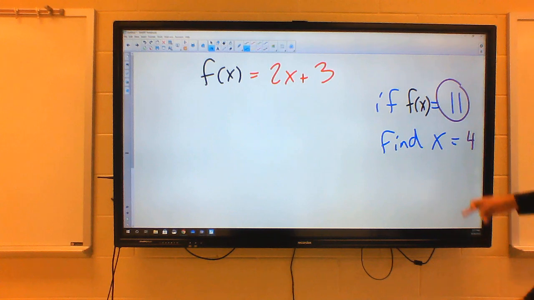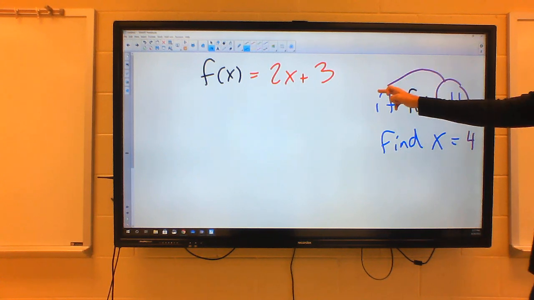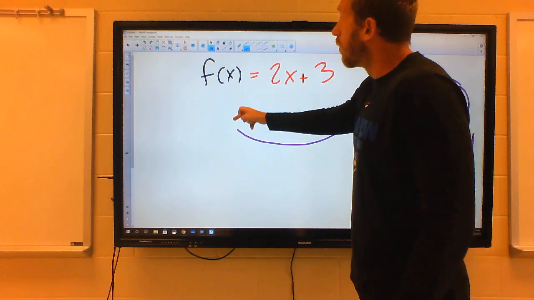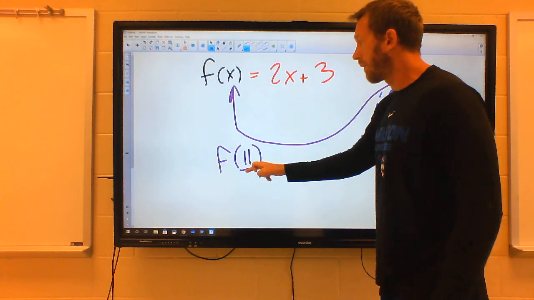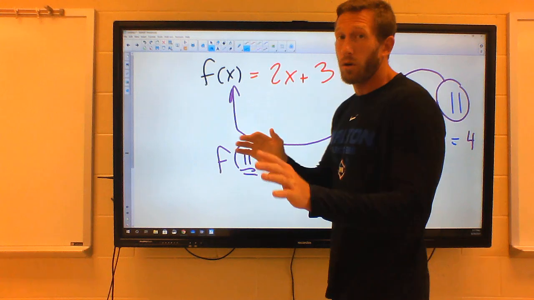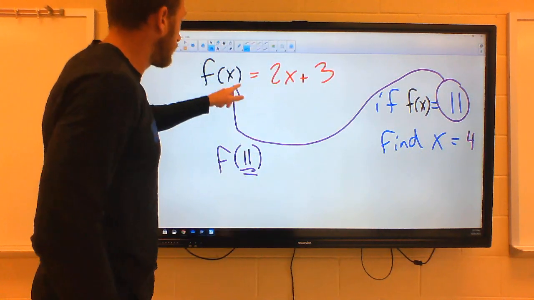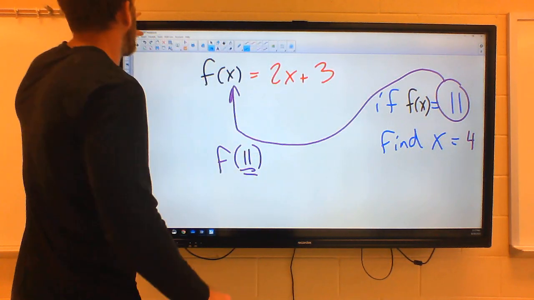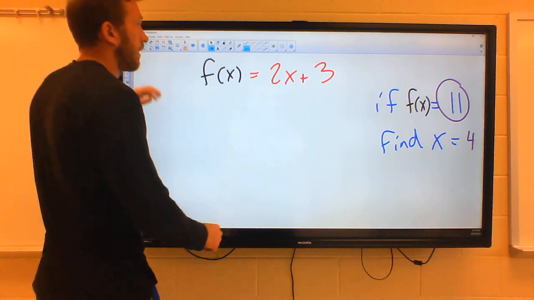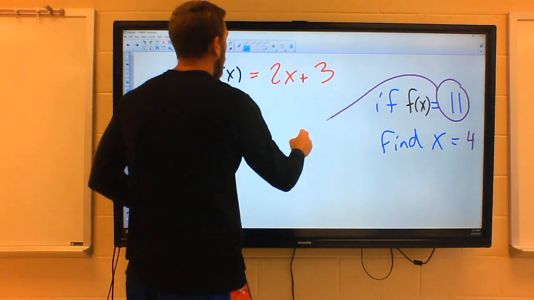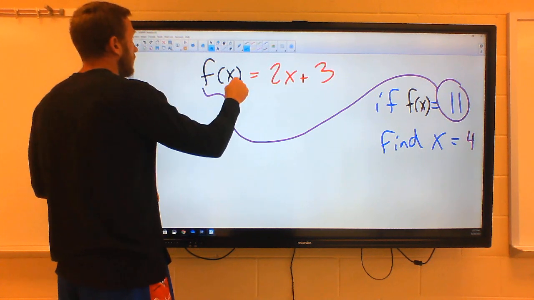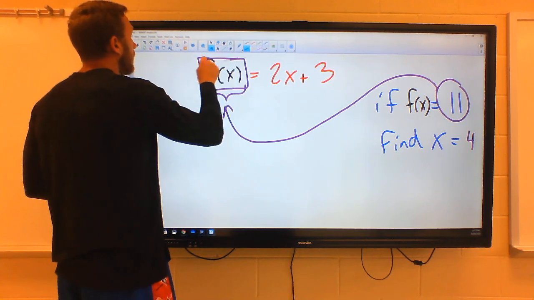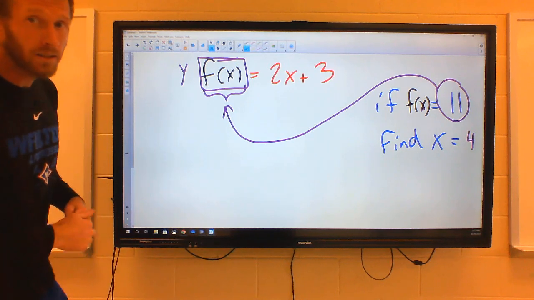Mind blown, right? Now, take this 11. Don't substitute it right there. That would be wrong. That's what we have been doing when we were subbing in an x value. Don't do that. If we just plug something in right there, that is an x value. That's not what we want to do. We want to take this 11 and plug it in to this entire side of the equation, since this entire side of the equation technically represents y.